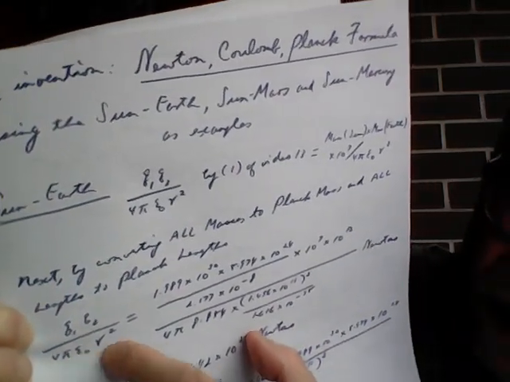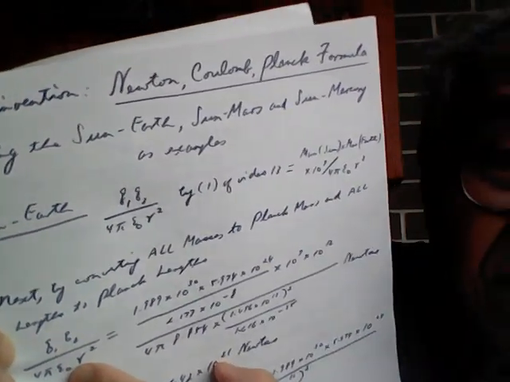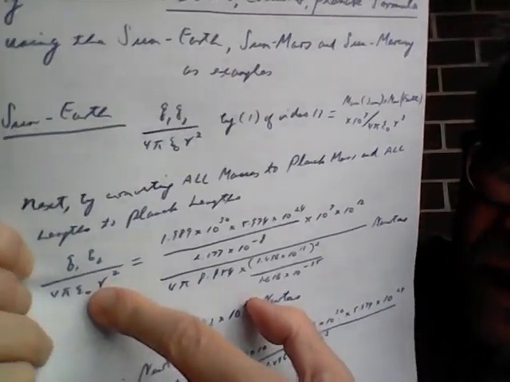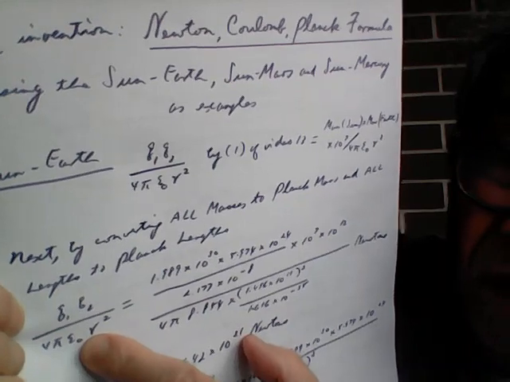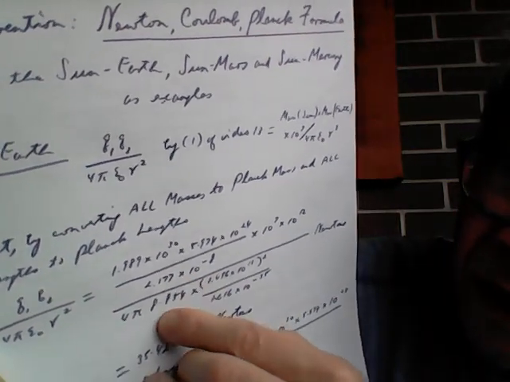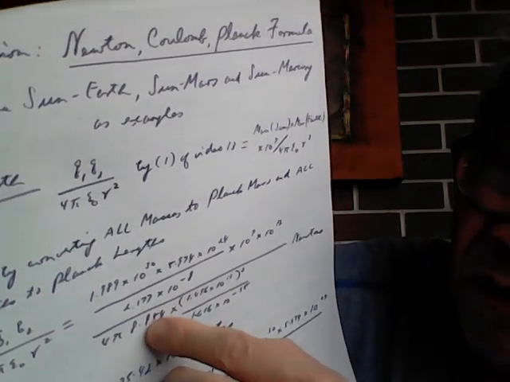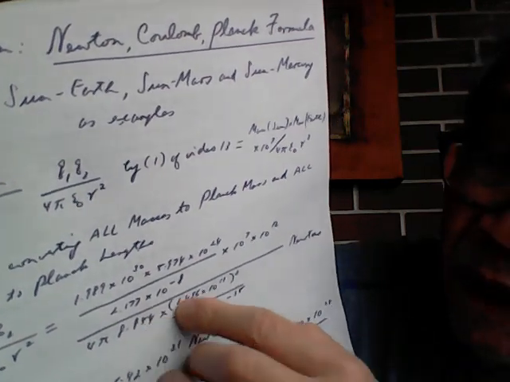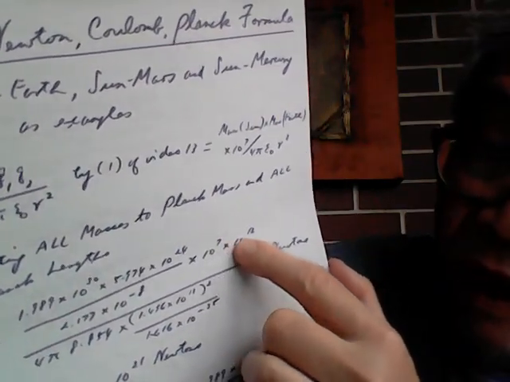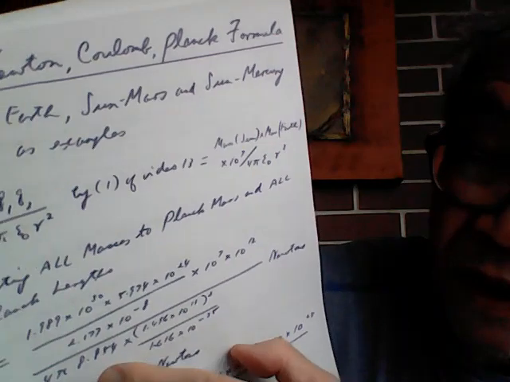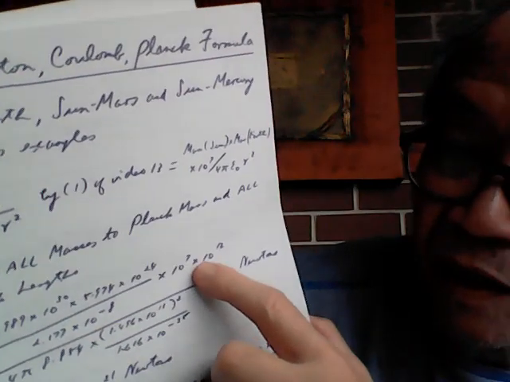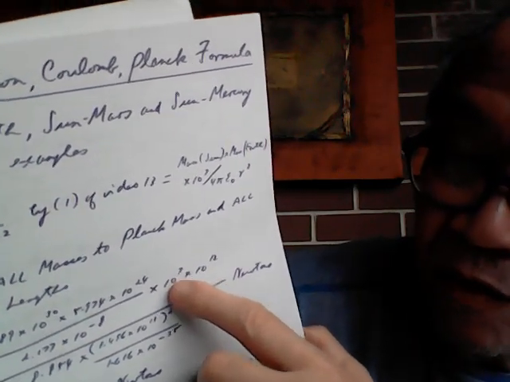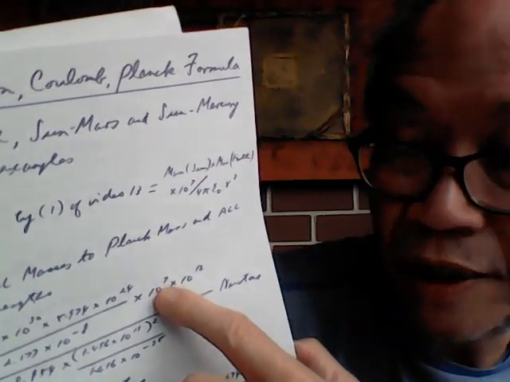Epsilon naught is 8.854 times 10 to the power minus 12. What is in the denominator becomes 10 to the power 12 in the numerator.